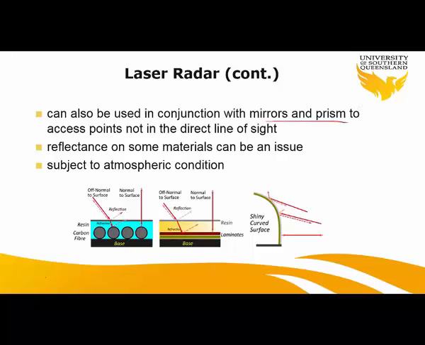So if you, for example, want to measure something on the back of the machinery, rather than have the next station to measure that, you can use the same station but use a probe or a prism, or somehow measure the points that you don't have direct line of sight to using the prism. So this is a good thing.